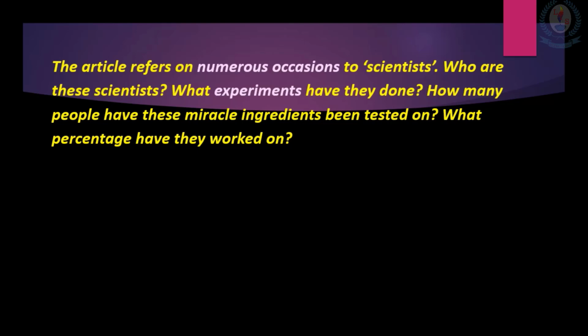"How many people have these miracle ingredients been tested on? What percentage have they worked on?" So, this whole fourth paragraph is full of questions about scientists. He is questioning whether scientists have done any of the tests on miracle ingredients.